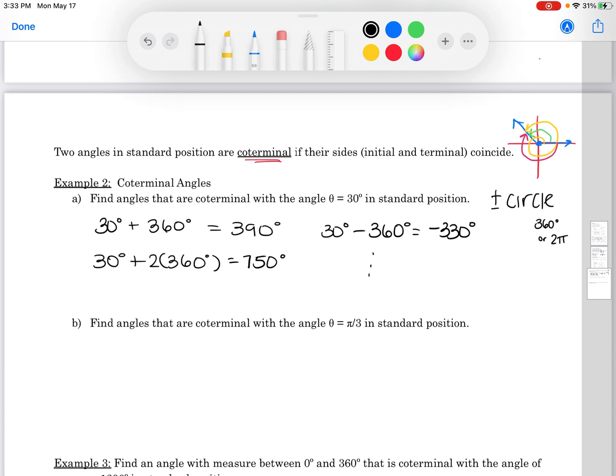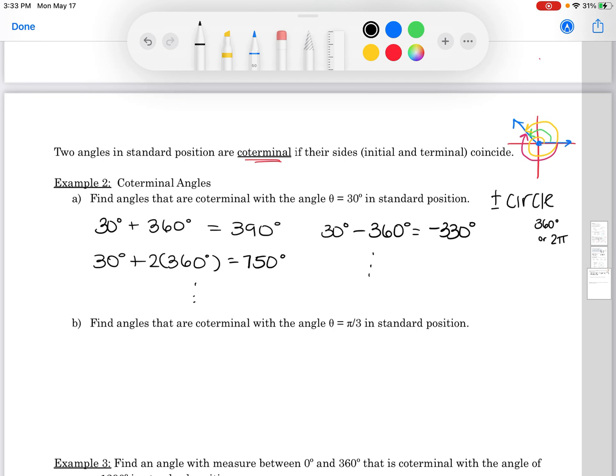And I can just keep doing it however many times I want. There are infinitely many coterminal angles. So generally, when we're looking for them, we'll give you some restrictions. Find the coterminal angle between, I don't know, 0 and 500 or something. You know, we might restrict it so that we're not getting tons of different answers.